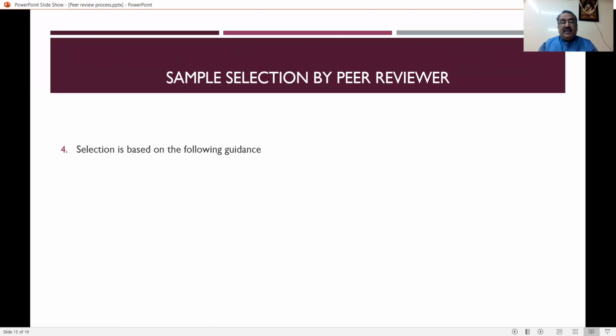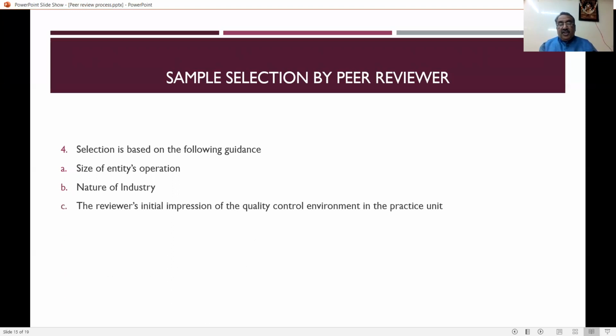The peer reviewer selects the file sample based on the size of the entity's operation and the nature of the industry. Suppose the practice unit is in the steel industry, based on that you can get the sample. And the reviewer's initial impression of the quality control environment of the practice unit.